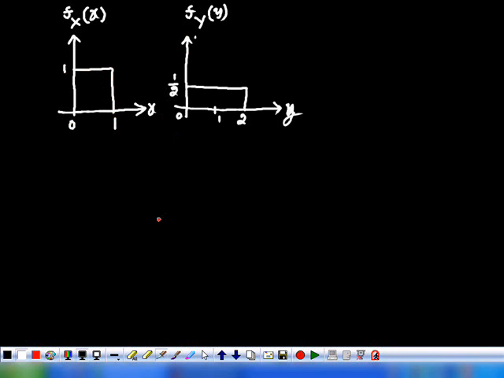Both are valid density functions. Find the density function of a new random variable z equivalent to x plus y. That is, x and y are two independent random variables, and z is the sum of two independent random variables. The density functions of x and y are given. You have to find the density function of z.